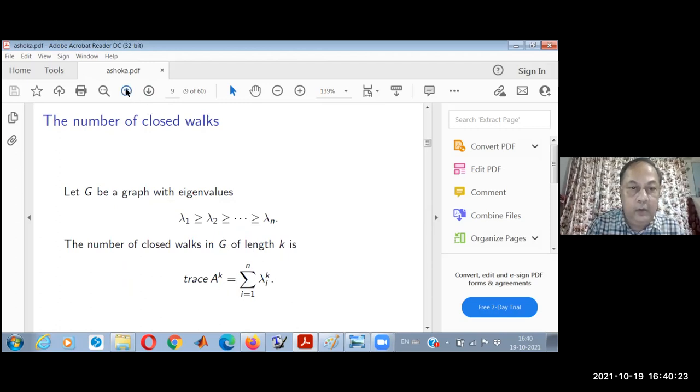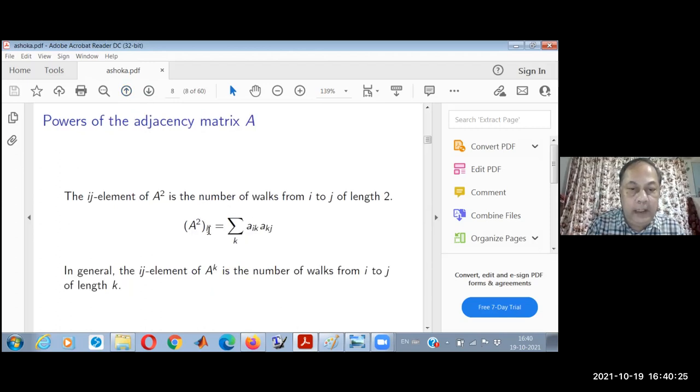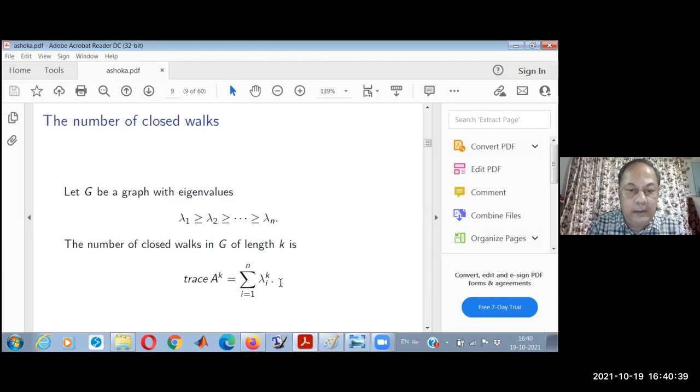So if you go back one slide, here I have the ij element, and here also the ij element. So ij element of A to the k is the number of walks from i to j of length k. But if i is equal to j, then you have walks from i to i, which we call closed walks, and that is all the closed walks, that will be the sum of all the diagonal elements of A to the power k, and that is the trace of A to the power k.